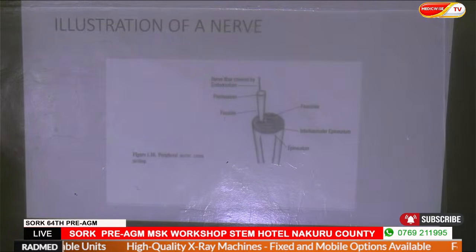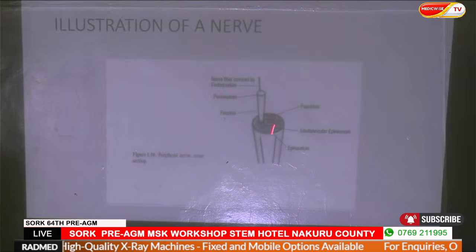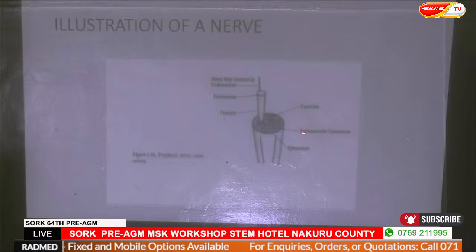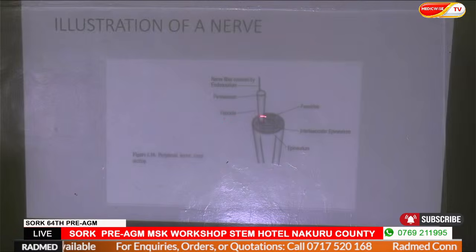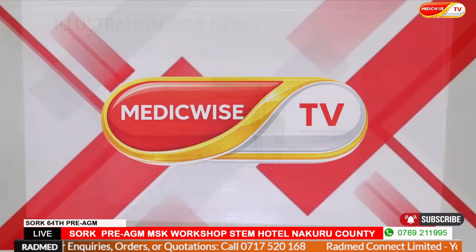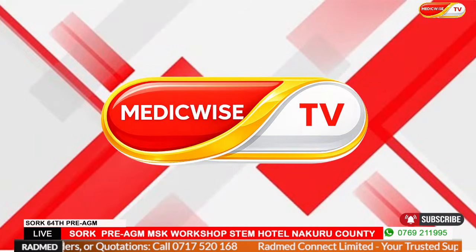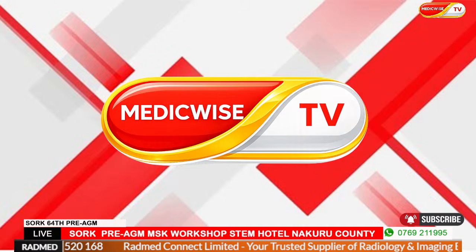Now this is an illustration of what we did already, the nerve. You have the epineurium, the interfascicular epineurium, and the fascicles which are inside. These are the ones you see. In the transverse, they will look like a honeycomb, and this is even the way ultrasound will depict it.